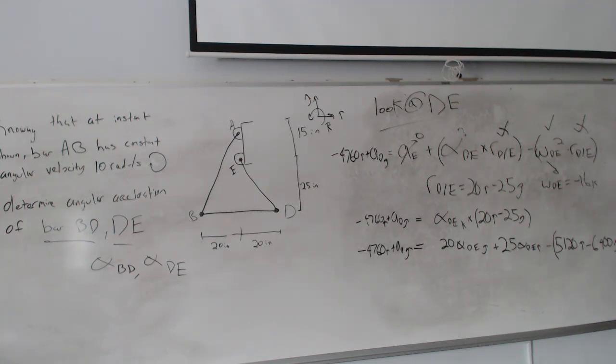i first. So we have one equation, one unknown. I can get angular acceleration of bar dE, which was actually the second part of the problem.